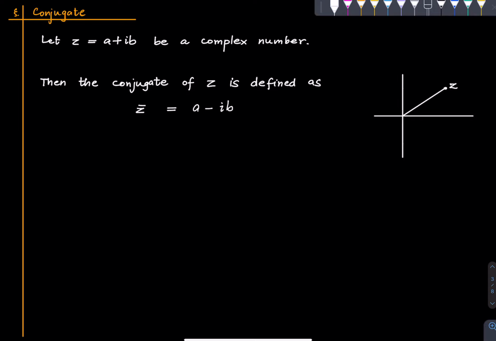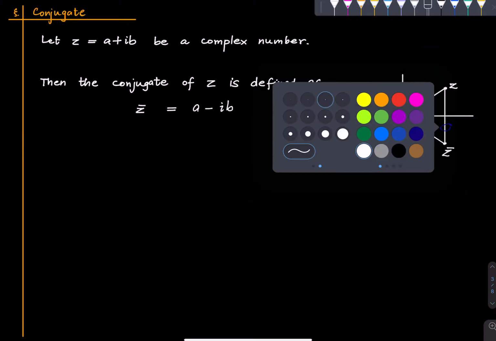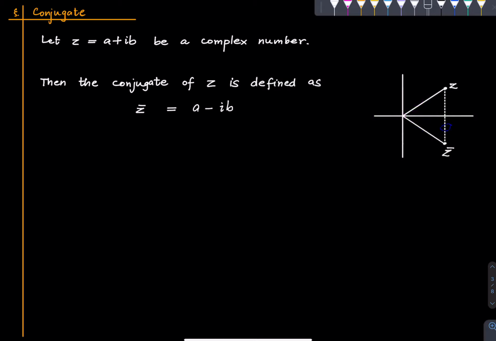Geometrically, if this is your z, just reflect that about the x-axis. So let me try to do that. And that is z bar.